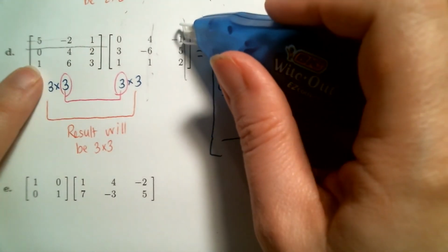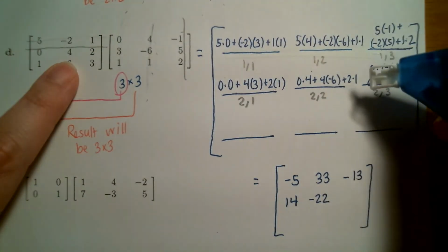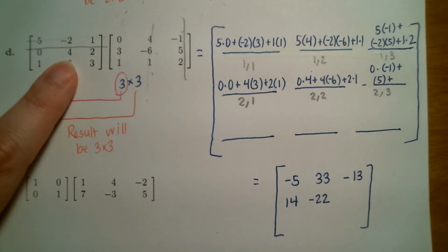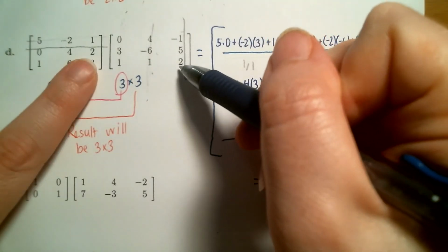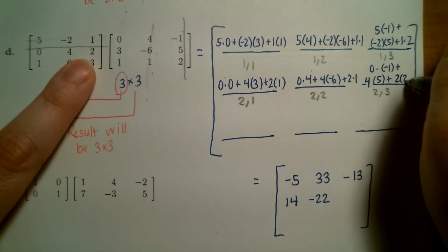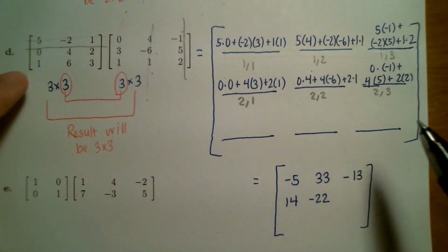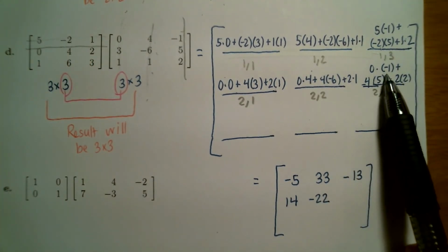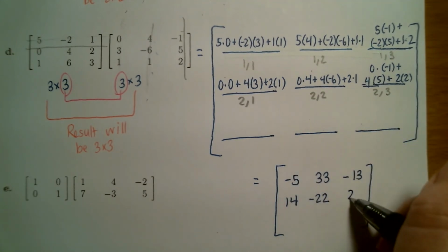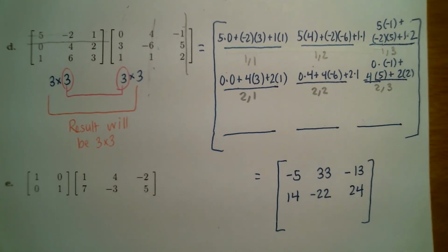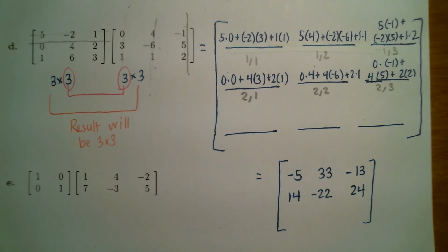It should be 0 times negative 1 plus 4 times 5, plus 2 times 2. So if we simplify, this is going to be 0 plus 20 plus 4. So it's going to give you a 24 in that position. 3 more elements to go. You can see how long this takes if you have larger matrices.